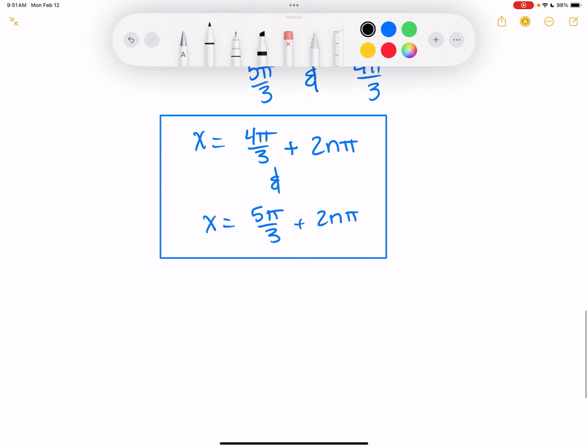Number 12. Sine of x plus the square root of 2 is equal to minus sine of x. Any ideas on what I might need to do here? Because I want the trig function written by itself.